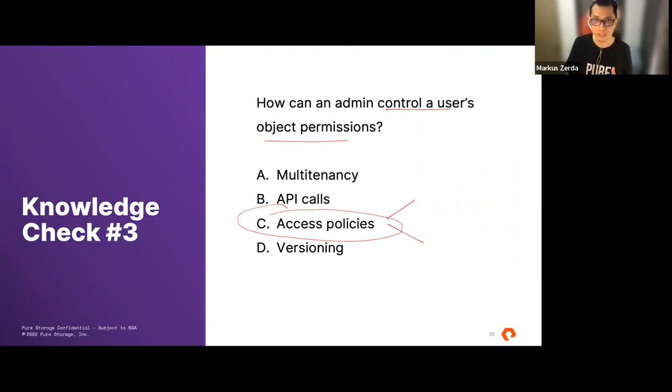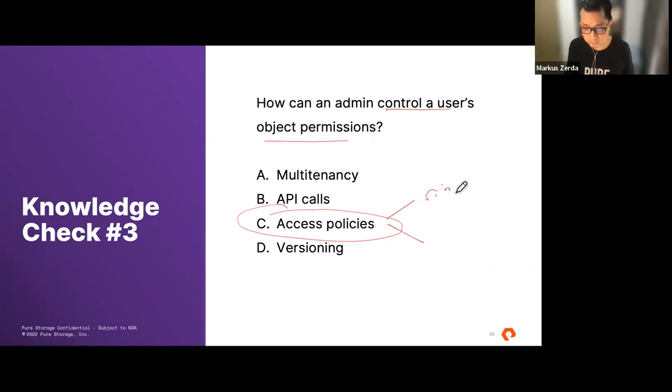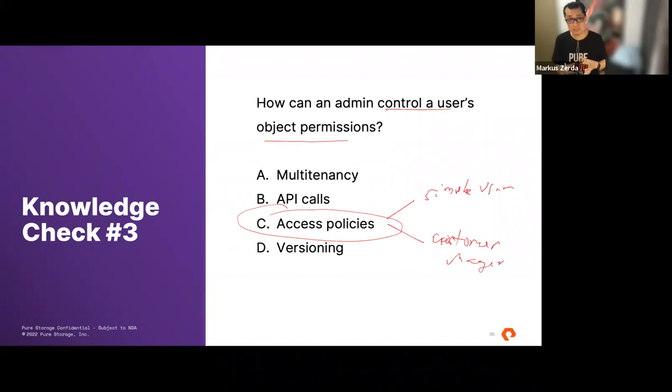There's the built-in and there's custom. So the simple user policies are built in, and there are 12 of them. And the custom ones are customer managed, so the customer can create their own policy to add into the user.